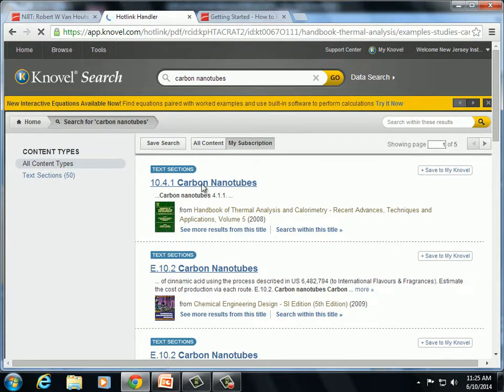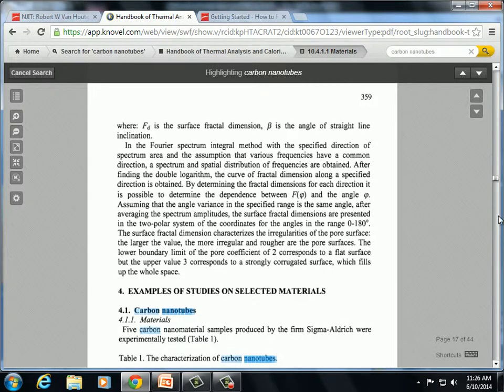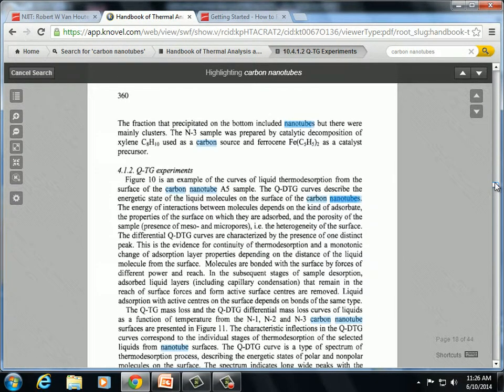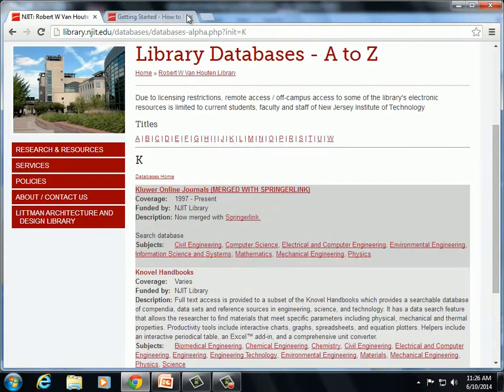Look under here, and there's a little section here on carbon nanotubes. It might not be everything that you want, but it's pretty much an introduction to it. So you can search for both textual information and data within Novel.